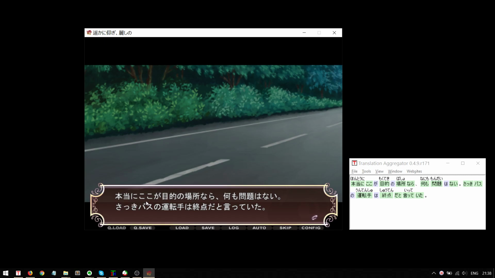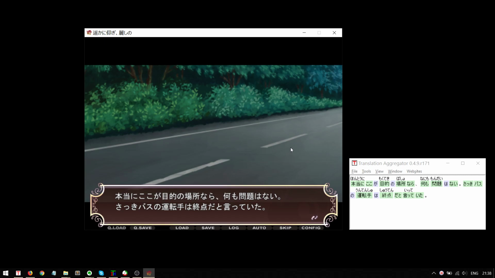So, 本当にここが目的地の場所なら If 本当にここが目的地, sorry, 目的の場所, if this is where he's trying to go to, 何も問題じゃない. Then no problem.